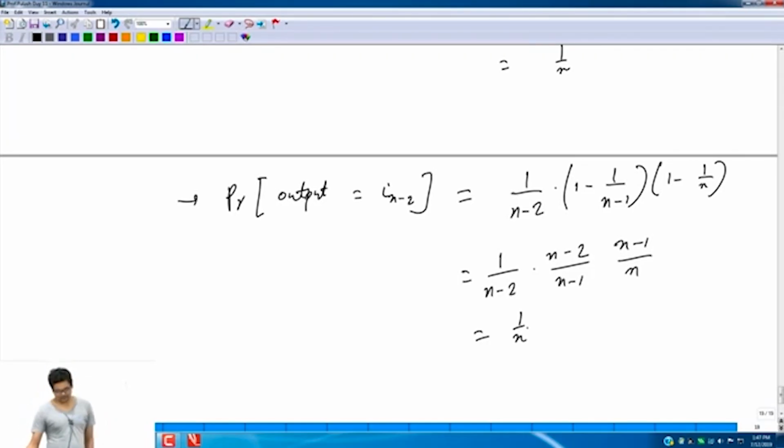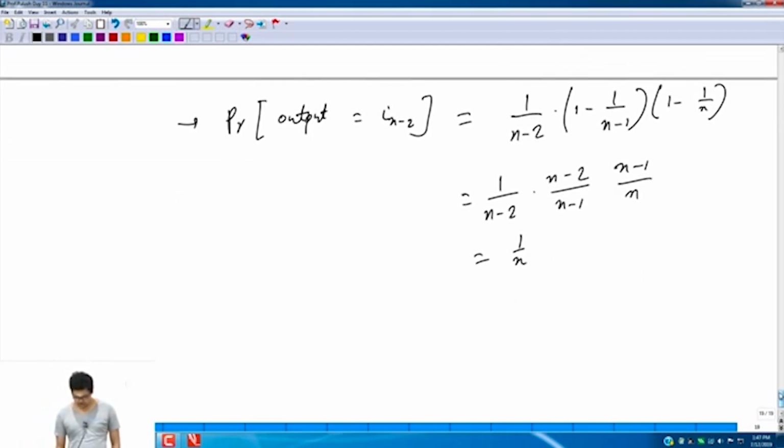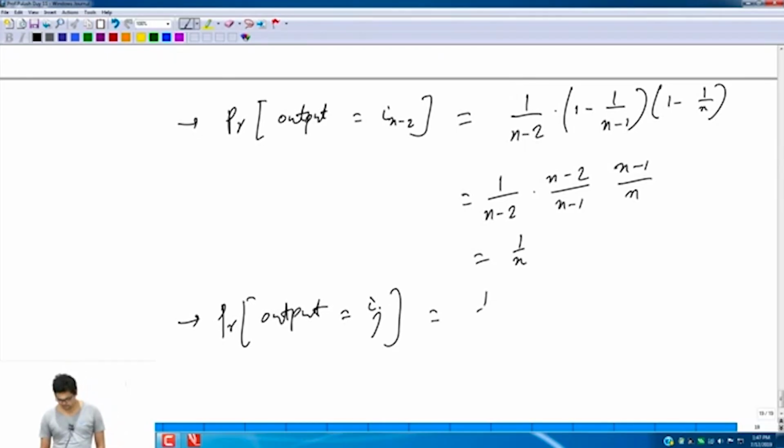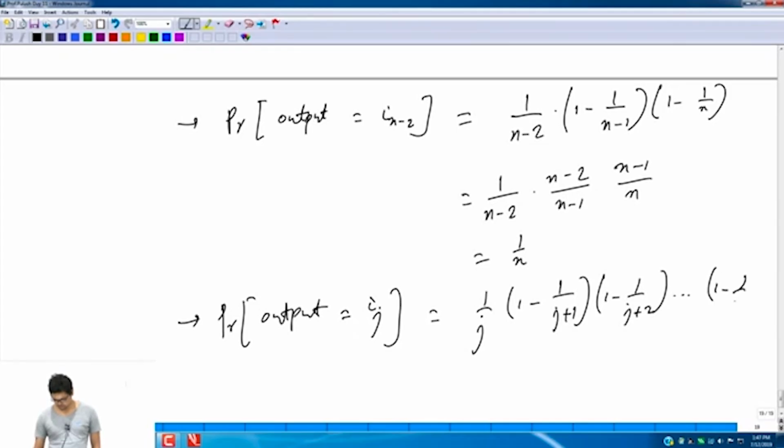Sure. And the same thing goes on. Let's now do the generic case for any Ij. The item should get selected at the jth step. It should not get replaced in the next step and the next step. And again the same kind of cancellation happens and only 1 over n remains.